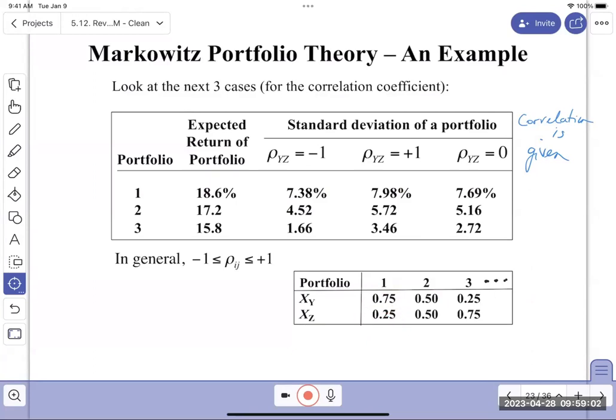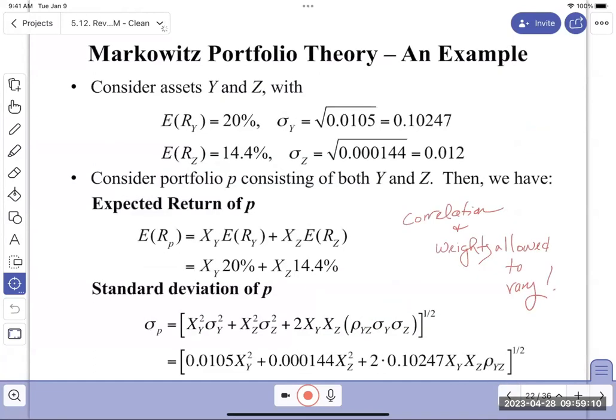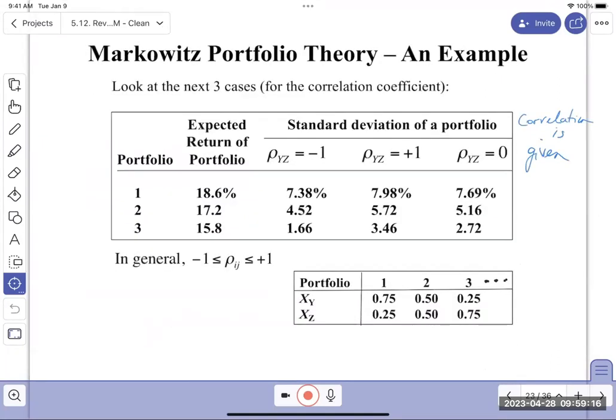So if you do that, you can go back over here, and all you needed were the weights for this. You could calculate the expected return and you would get 18.6%. So this is the highest expected return. It has mostly the high risk asset in it, right?